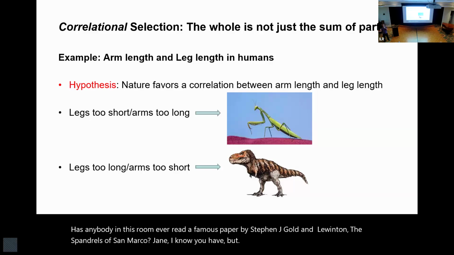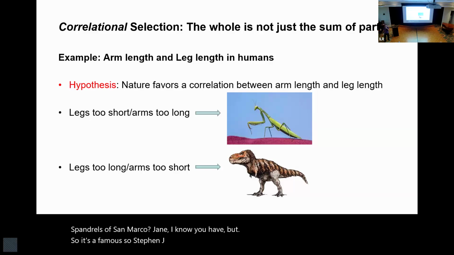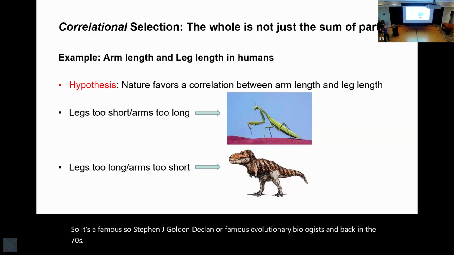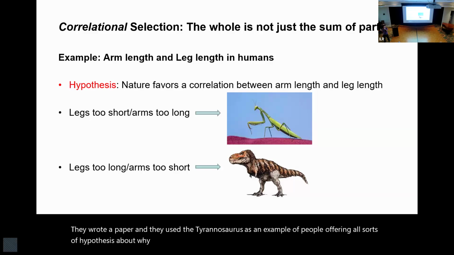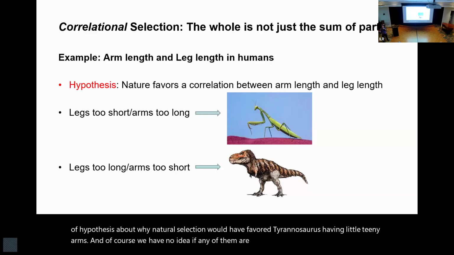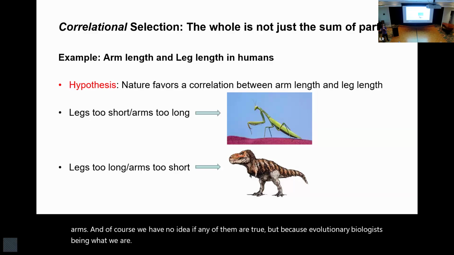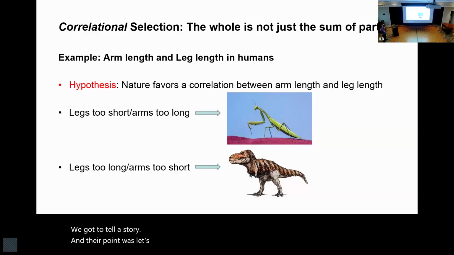Gould and Lewontin are famous evolutionary biologists, and back in the 70s they wrote a paper that used the Tyrannosaurus as an example of people offering all sorts of hypotheses about why natural selection would have favored Tyrannosaurus having little teeny arms. Of course, we have no idea if any of them are true, but evolutionary biologists being what we are, we have to tell a story. Their point was, let's not let the storytelling get out of hand.